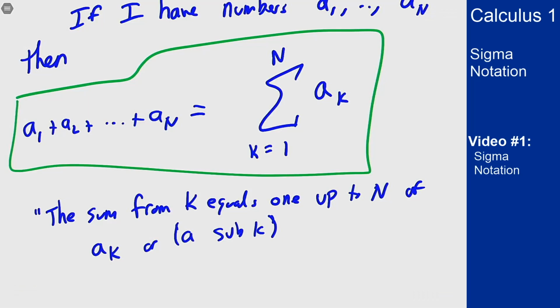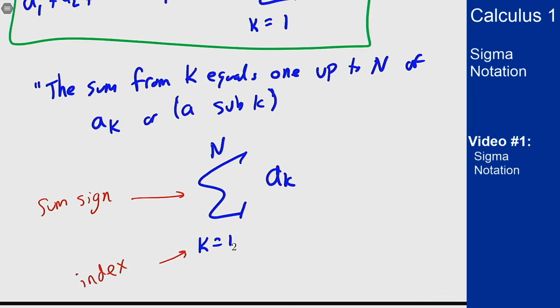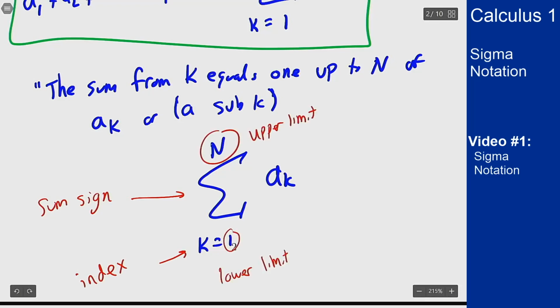Now for this notation, we have the sum sign. This just tells us that we're doing a sum here. We have our index, which is k. That tells us what letter we're using to mark what point we're at in the sum. We have our lower and upper limits of summation. And then we have our general term in here.